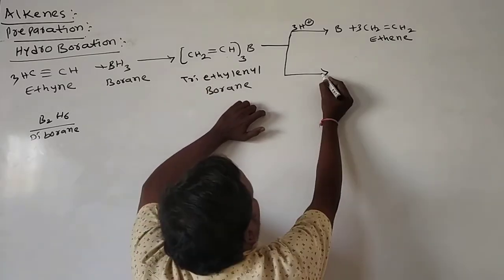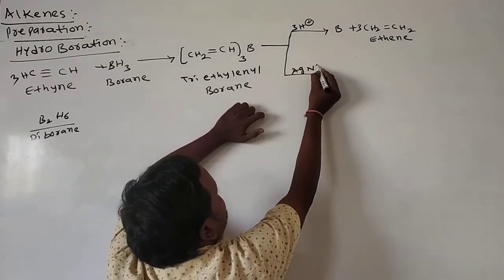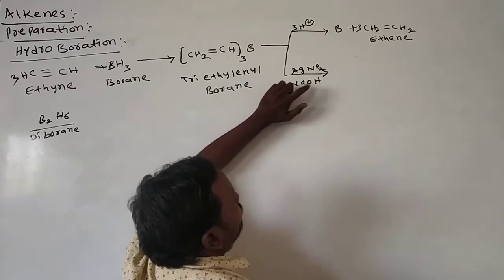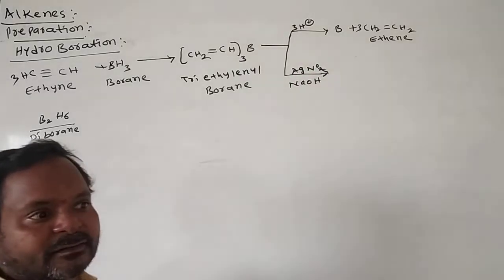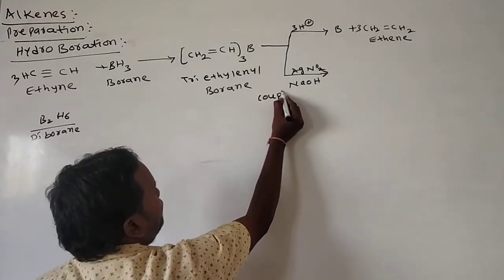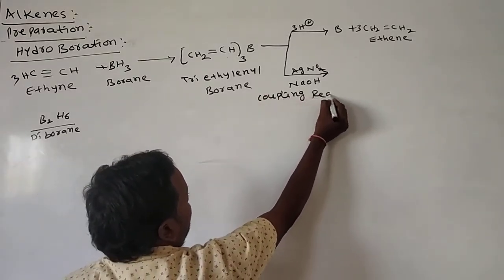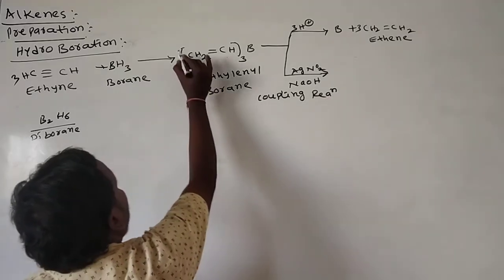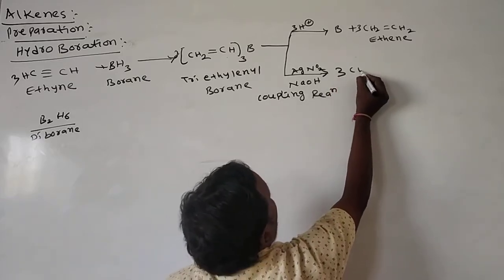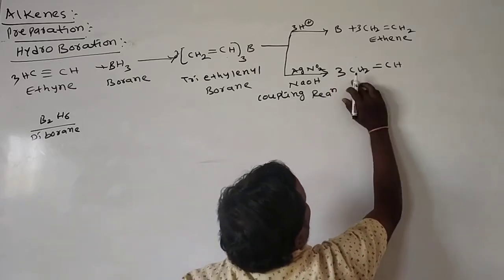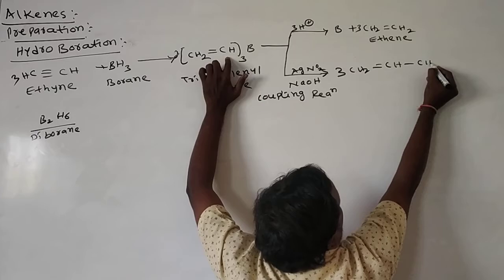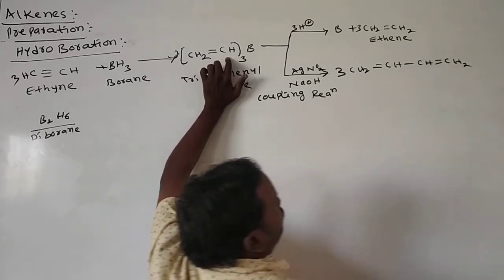If we add silver nitrate in the presence of sodium hydroxide, a coupling reaction takes place. How does the coupling reaction take place? For example, 2 moles are there, total 6 now. Here 3 moles of CH2 bonded to CH. One molecule couples with the same molecule like this, CH double bond CH2.